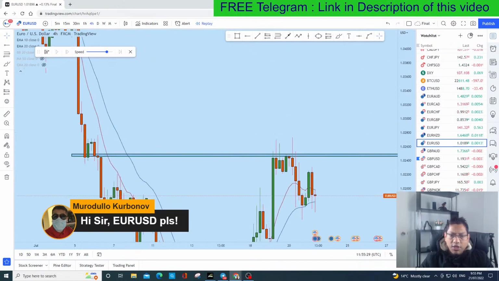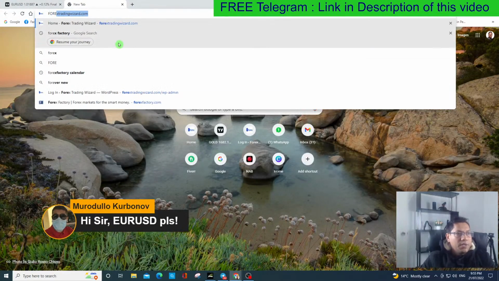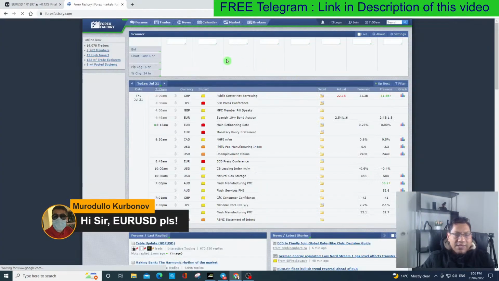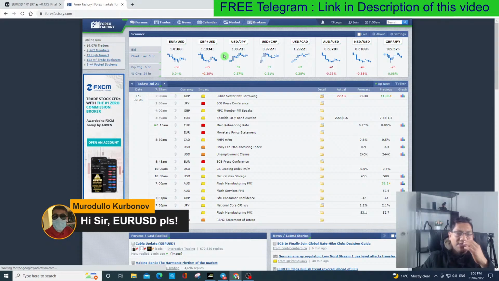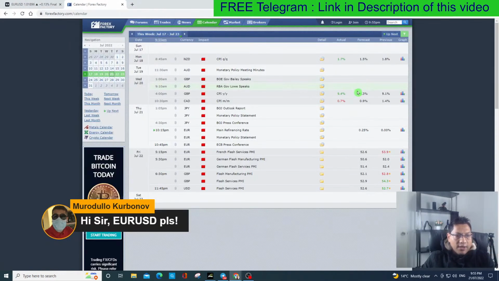Today, let's see the news calendar on Forex Factory. For those who are new, Forex Factory is a free website where you can see the news, high impact news, and you can filter for high impact.